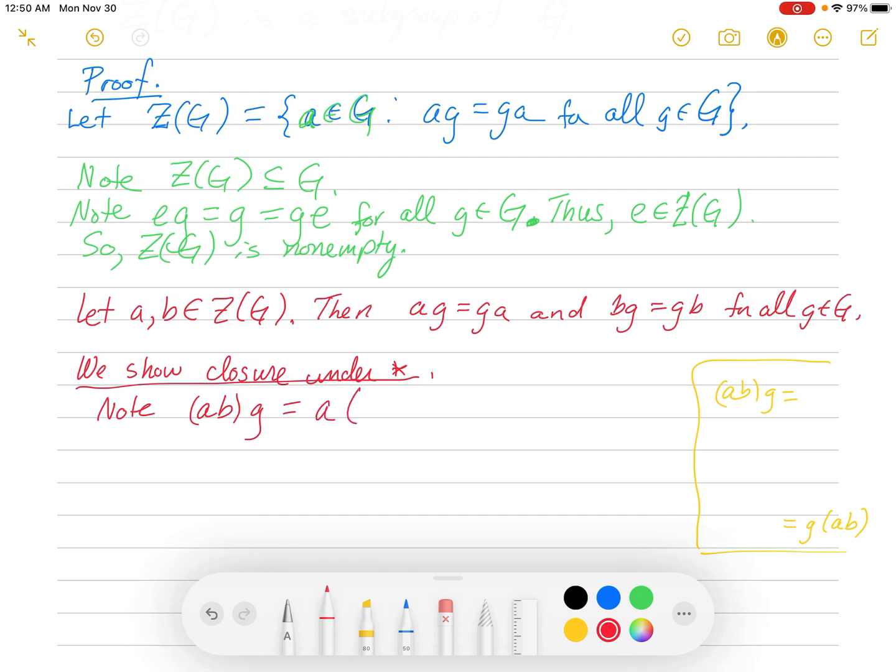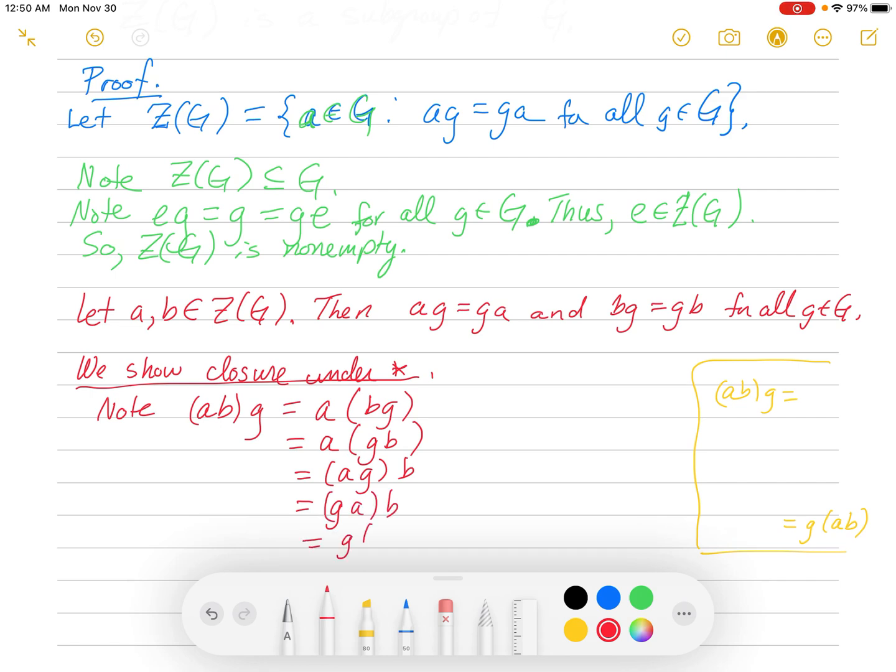First of all, red is my actual work. I'm going to reassociate. I'm going to get a and then bg in parentheses. Now we know that b and g commute, because b is in the center. So we're going to have a, and then we're going to switch the g and the b. Then we can reassociate a next to g in parentheses, and then we can flip those because we know ag equals ga because a was in the center.